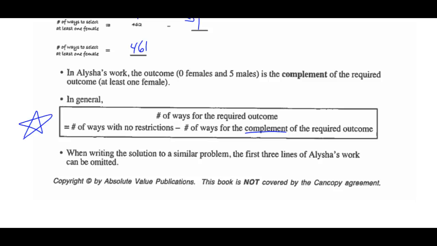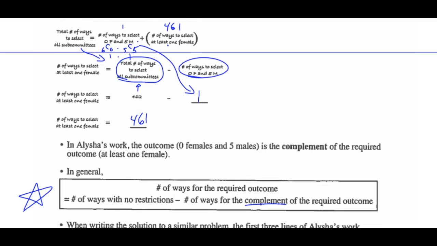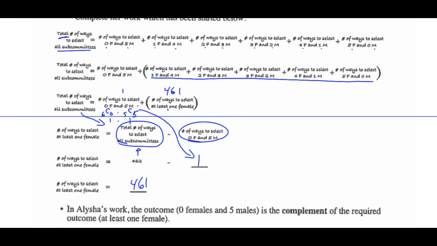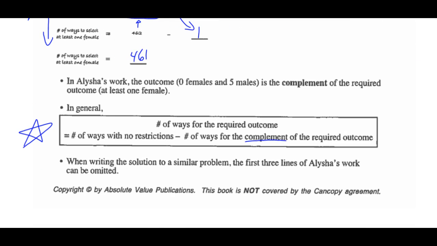So when writing the solution to a similar problem, the first 3 lines of Alicia's work may be omitted. So we look up here. You don't have to write them all out and then figure that out. You just want to show this step and down. All right, we understand complements, we can go from there. Okay, so let's have a look at example 3.